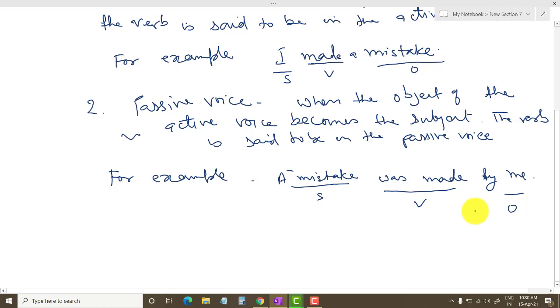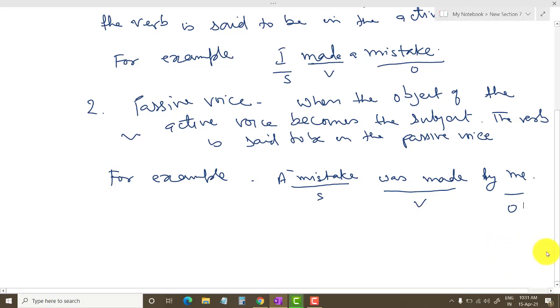Now see how the changes occur in passive voice. The object becomes the subject. It means the object is more important in passive voice, and the form of the verb is also changed. Here it is made and here it is was made. So you can understand the definition of active and passive voice.